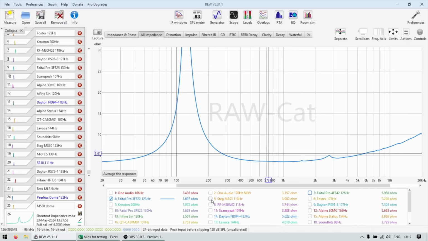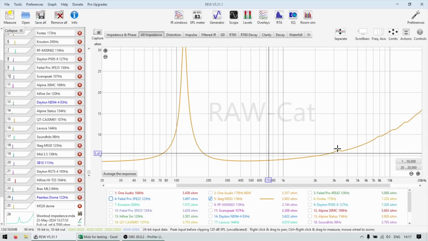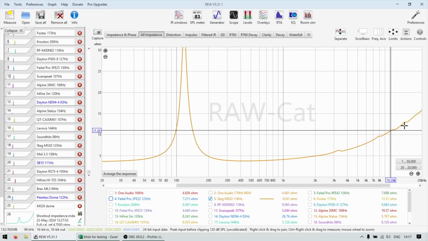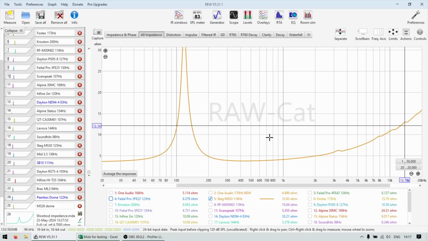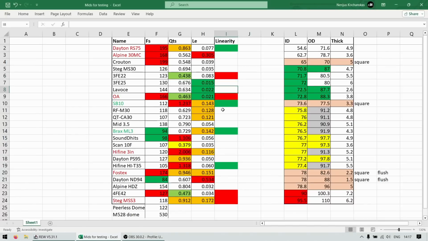Then on top of the list is Steg MSS3, which has these wiggles. After that, because I think I gave only 4 of these, 1, 2, 3, 4, yeah. So for 4 of these, I gave this red grid because to me, subjectively, the impedance graph doesn't look as linear. So as I mentioned, Fatal Pro, One Audio, another Fatal Pro, and Steg MSS3, the big boy.